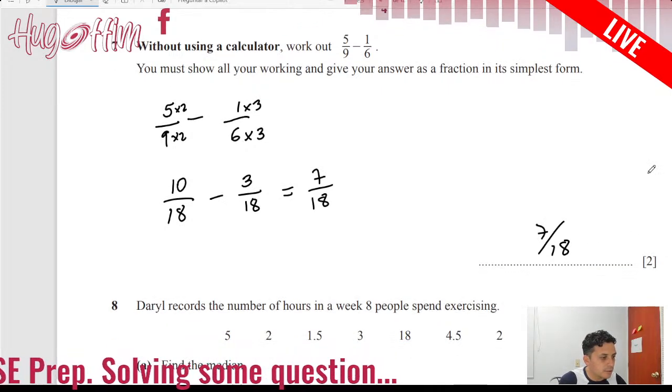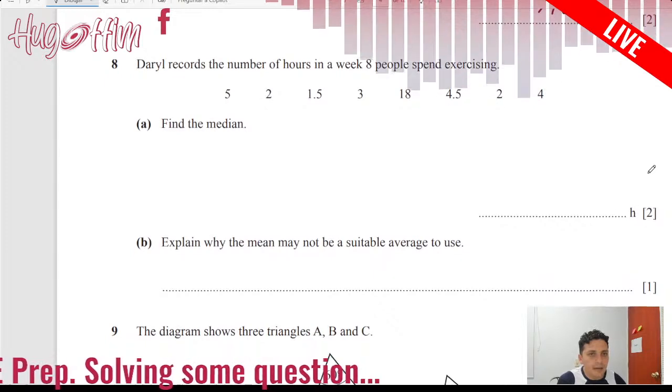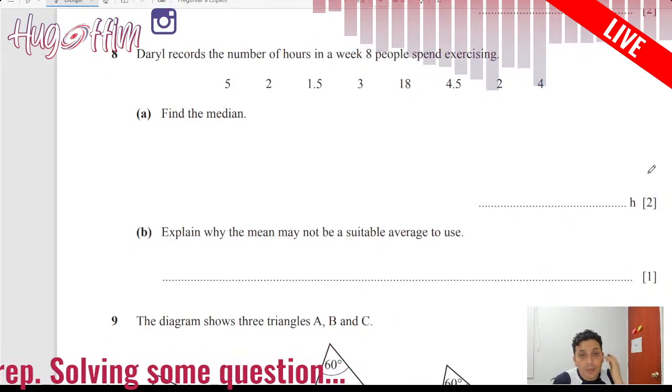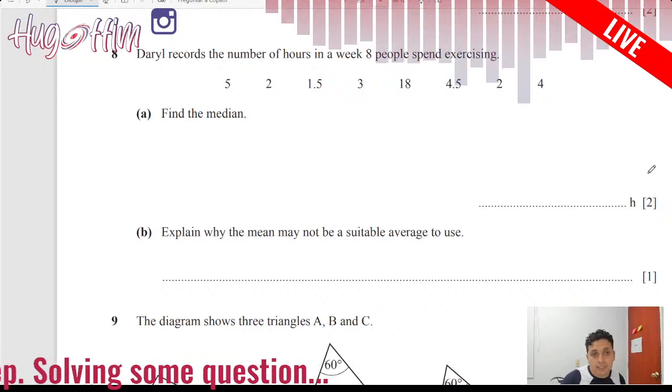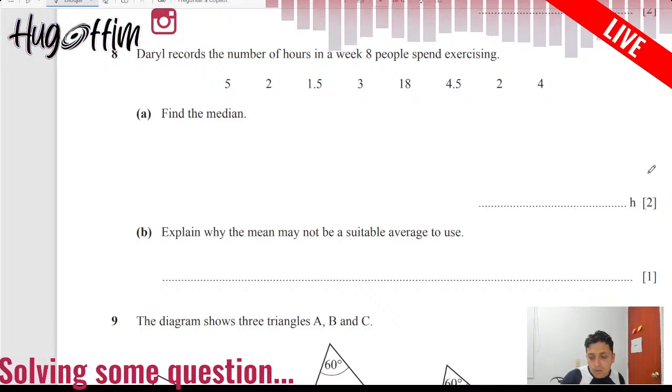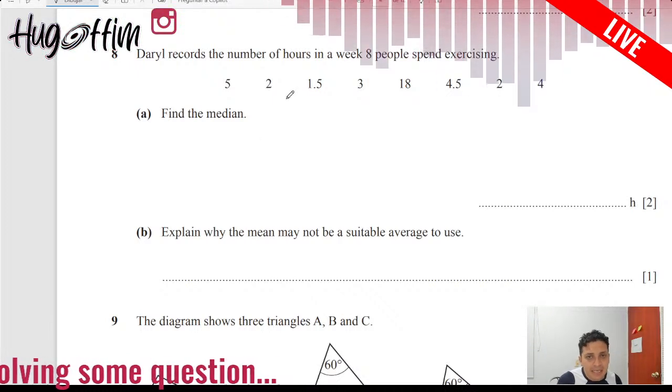Good. Next. Daryl recorded the number of hours a week 8 people spend exercising. Okay, we have the data and we need to find the median.